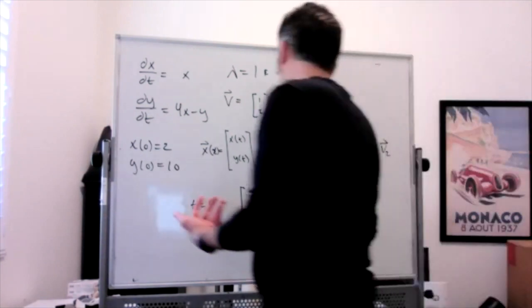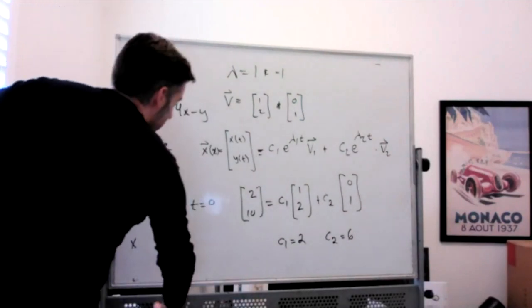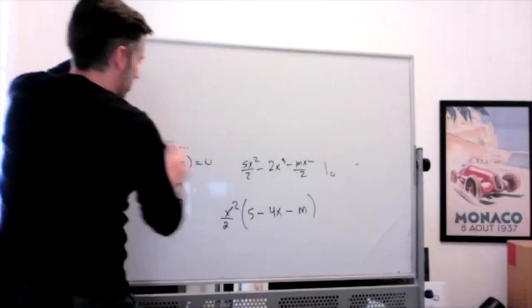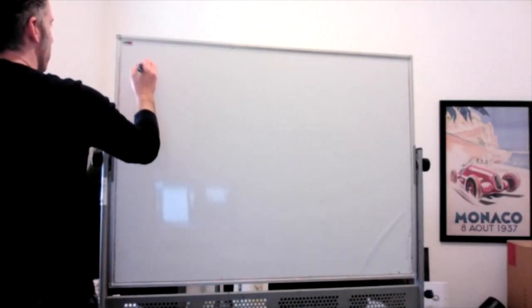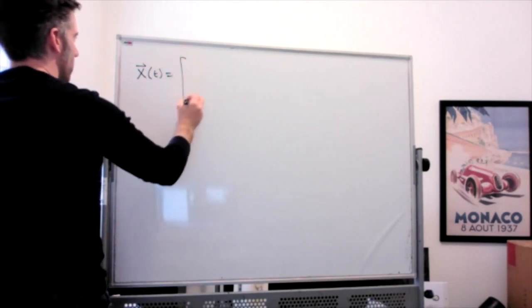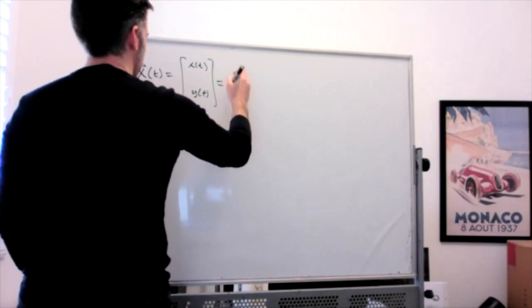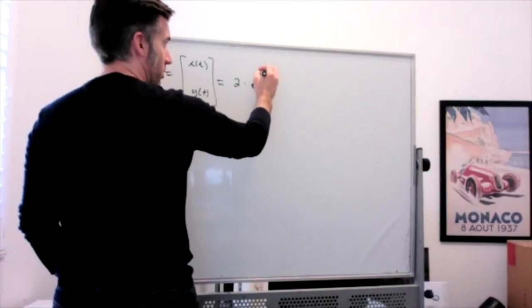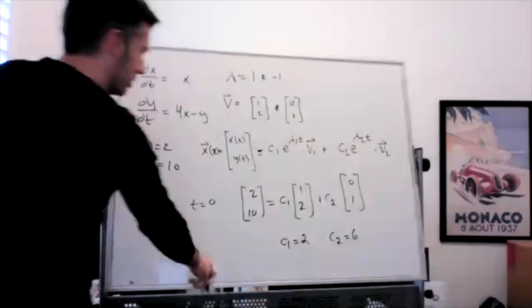So our actual solution to this system of equations is that x of t, which is x of t, y of t, is equal to c1, which is 2, so 2 times e to the lambda 1, which was positive 1, times v1, which was, I forgot, 1, 2.